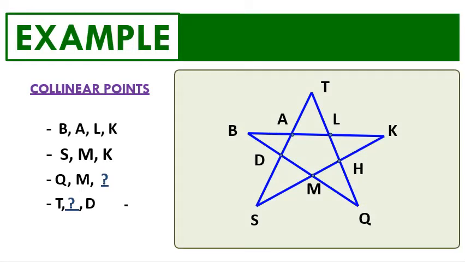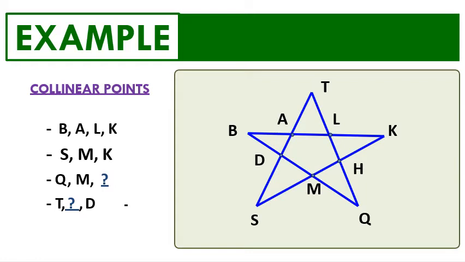So, for example, we have a figure. Examples of collinear points are stated here. We have the points A, B, L, and K. S, M, K are also collinear, on the same line.